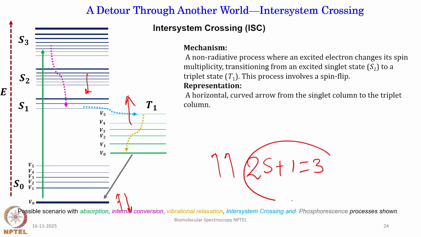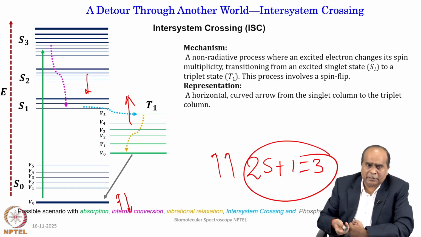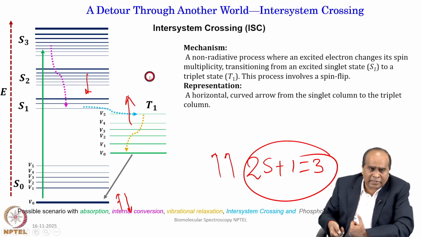that means the spin multiplicity is going to be 3, and that is what is called a triplet state. But you see, spin flipping is not a fast step, it takes time. So, spin flipping from down to up takes time, and therefore it is a slower process. When it comes from here to here, it takes time. This process of spin flipping is called intersystem crossing.